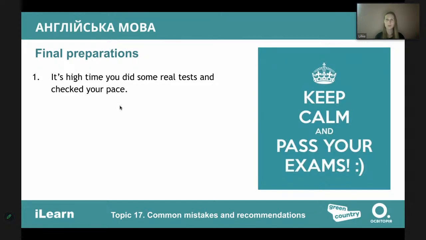So you need to know that, for example, for the first reading task, I usually spend 20 minutes. For the second reading task, I usually spend 15 minutes. And that's how you will know how much time you need, and if you have to hurry up with some tasks during your exam. So know your speed. That's a very important tip.